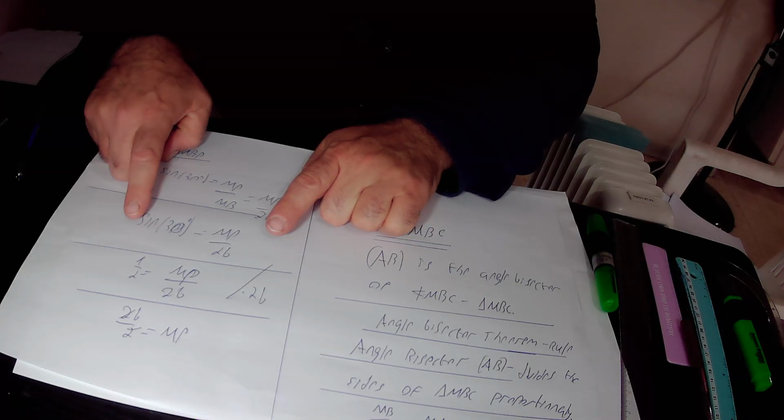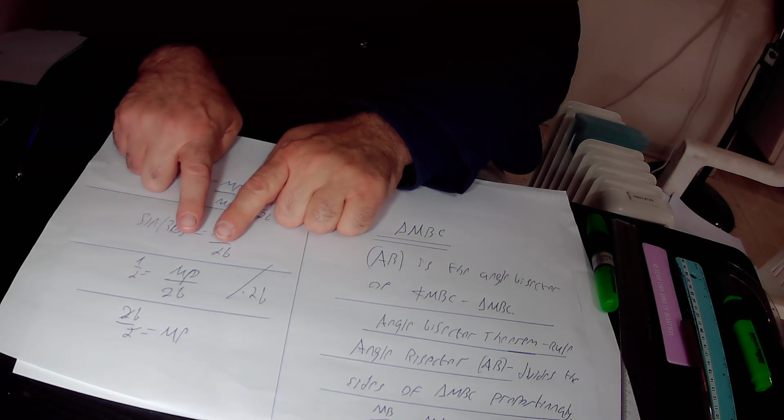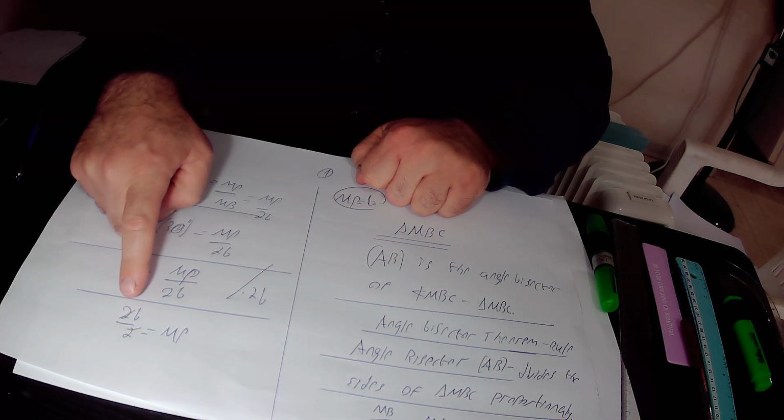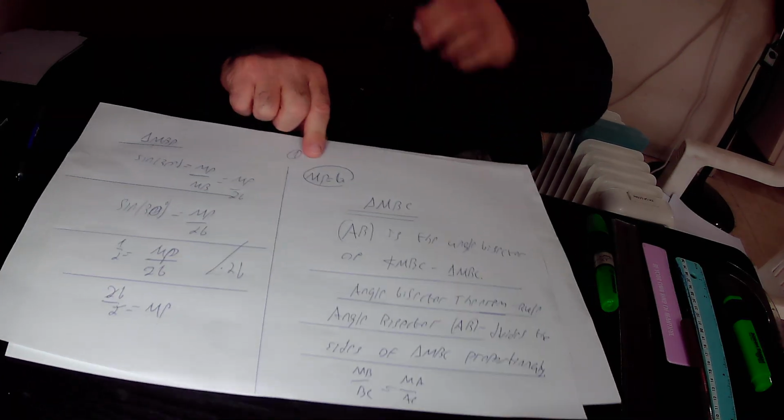Here we multiply this equation by 2b, and finally find out that MP equals 2b over 2. We have 2 in the denominator, so the 2 gets cancelled, and we are left only with b. So MP equals b.